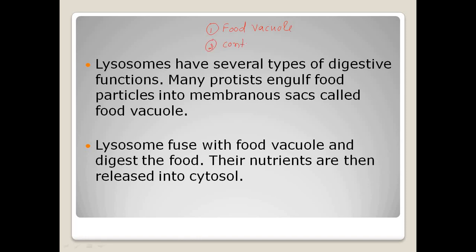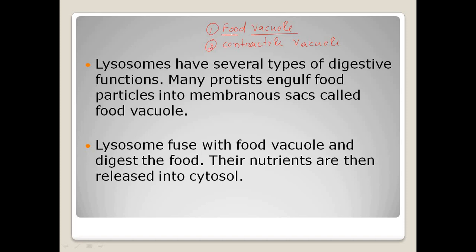The contractile vacuole helps in maintaining osmosis or water balance in protists, for example paramecium. Okay, in the food vacuole, what happens?